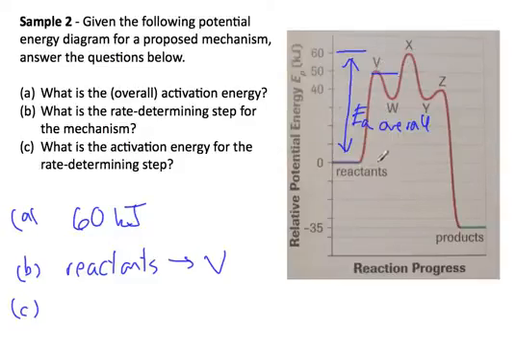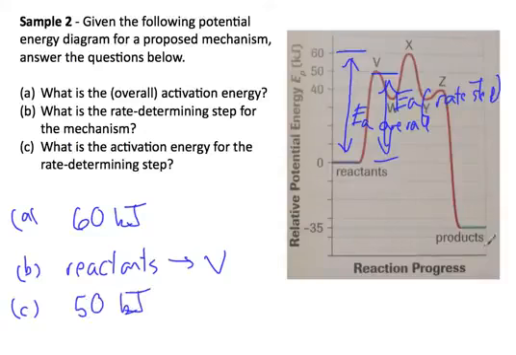So it's from there down to there. So that's EA for the rate step, and that is actually 50 kilojoules. Okay, so 50 kilojoules for the rate determining step. You require an extra 10 kilojoules just to get over that little hump of X. But remember, the activation energy from V through to X will be only about 25 kilojoules. Okay, so let's carry on.